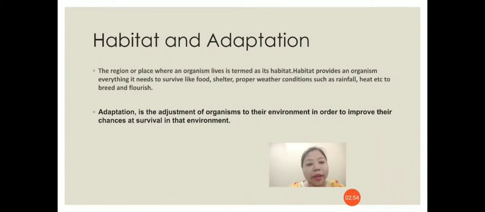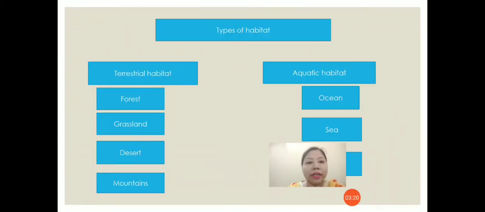On the other hand, adaptation is the adjustment of organisms to their environment in order to improve their chances at survival in that environment. So, all animals and plants have the capability to adapt with the environment or to adapt with the habitat where they are living. So, habitat and adaptations are interrelated.